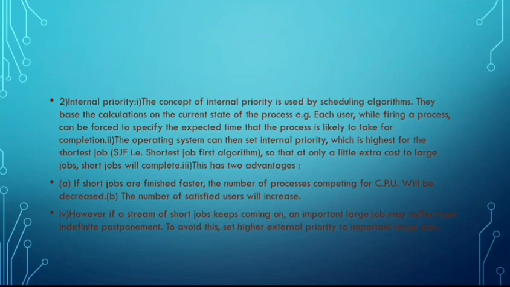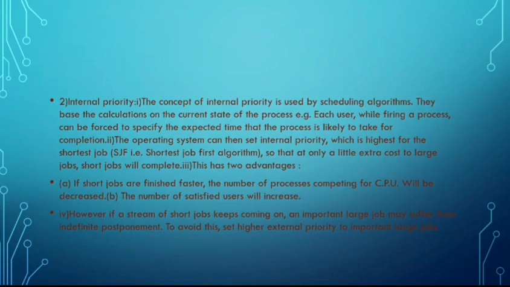The concept of internal priority is used by scheduling algorithms. They base the calculation on the current state of processes. Each user, while submitting a process, can be forced to specify the expected time that the process is likely to take for completion.